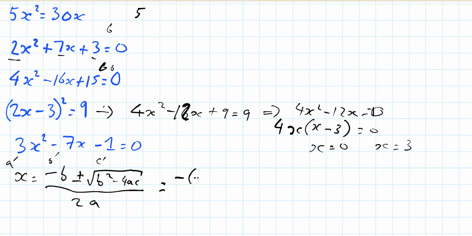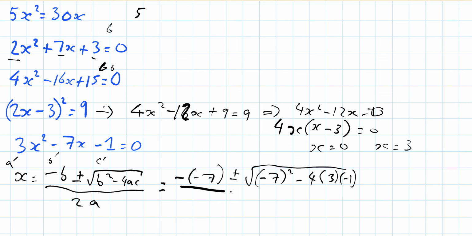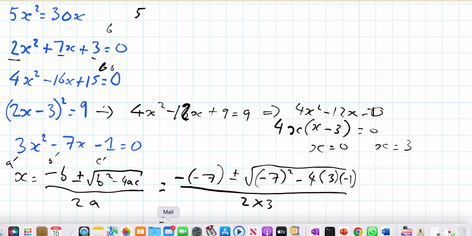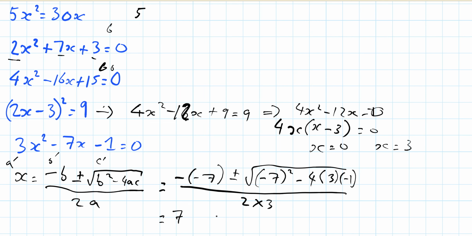We have minus 7 plus or minus square root, minus 7 squared minus 4 times 3 times minus 1, divided by 2 times 3, and then you just work all of that out.